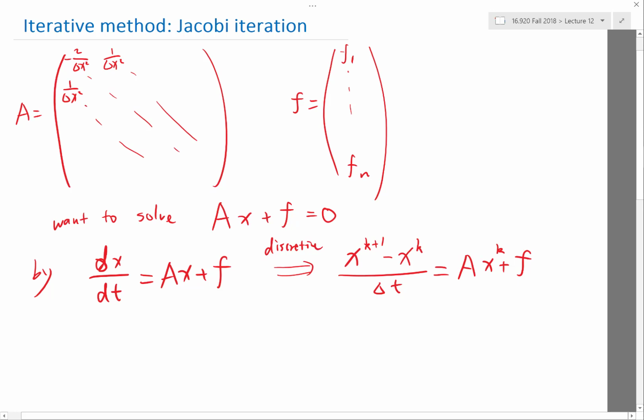Now the question is, what should I choose in terms of delta t? What's the proper choice of delta t? Yes? Highest possible delta t that is stable.